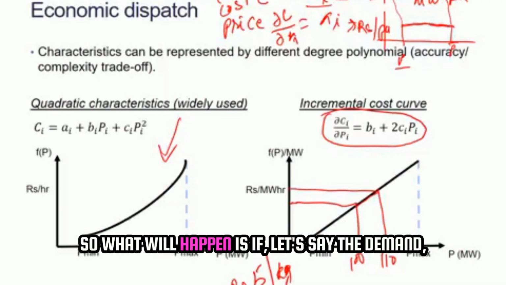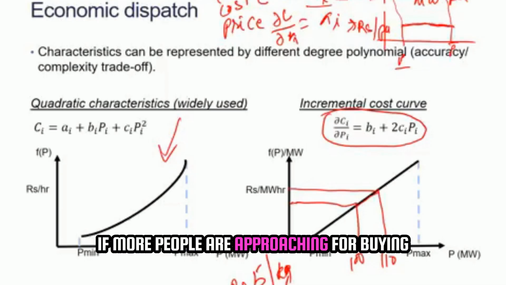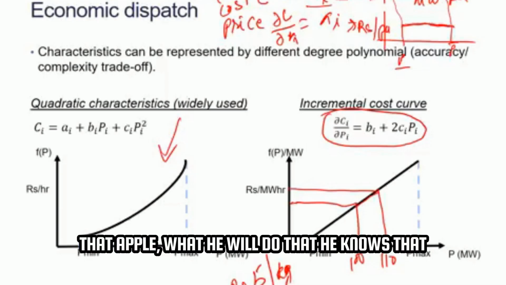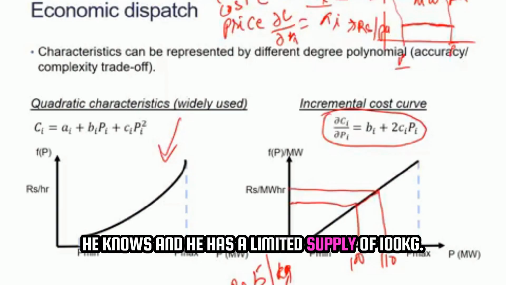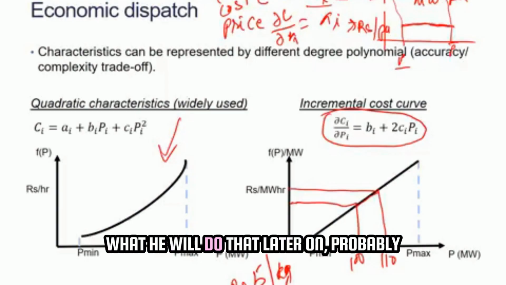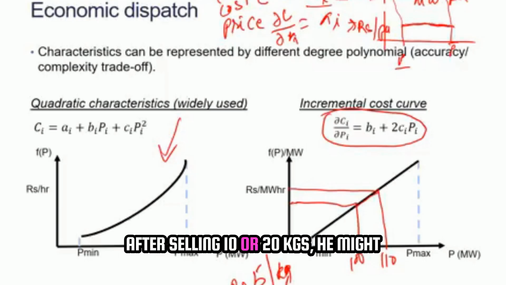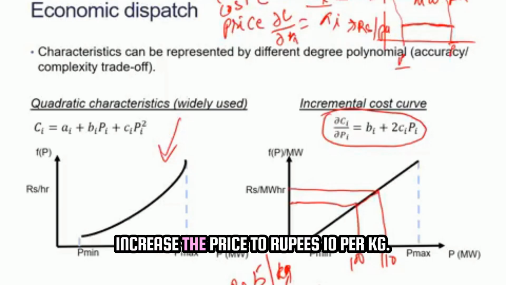What will happen is, if more people are approaching to buy that apple, he knows that the demand is more for that apple, and he has a limited supply of 100 kg. What he will do is, later on, probably after selling 10 or 20 kgs, he might increase the price to rupees 10 per kg, right?